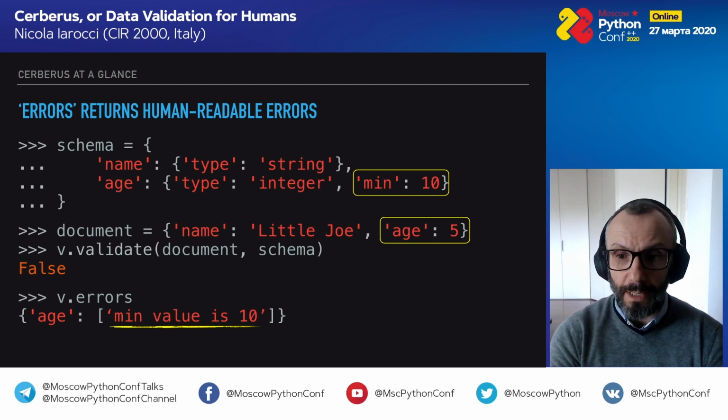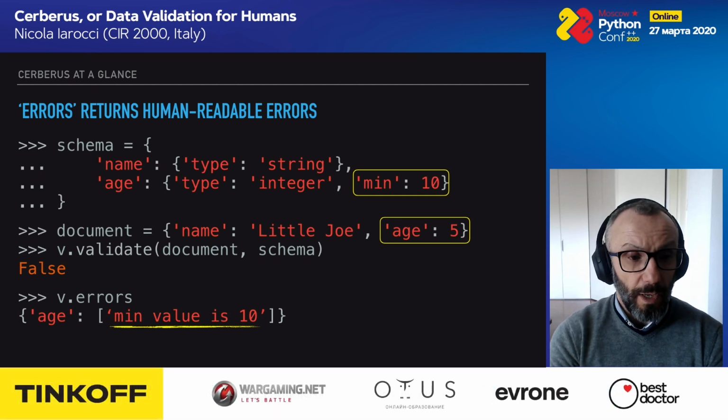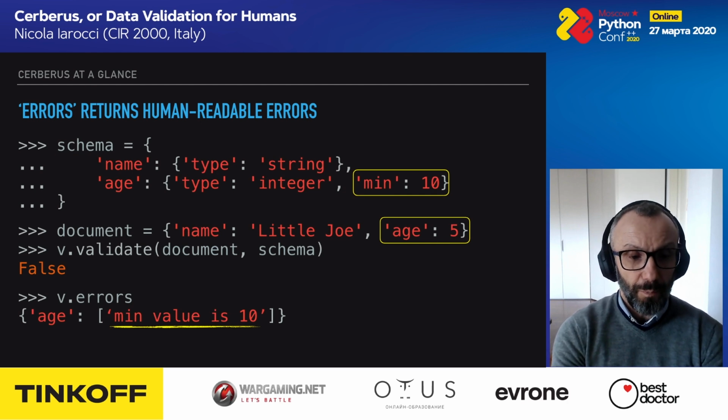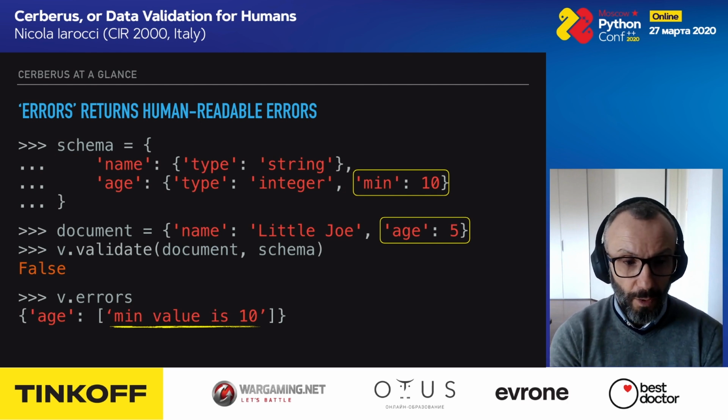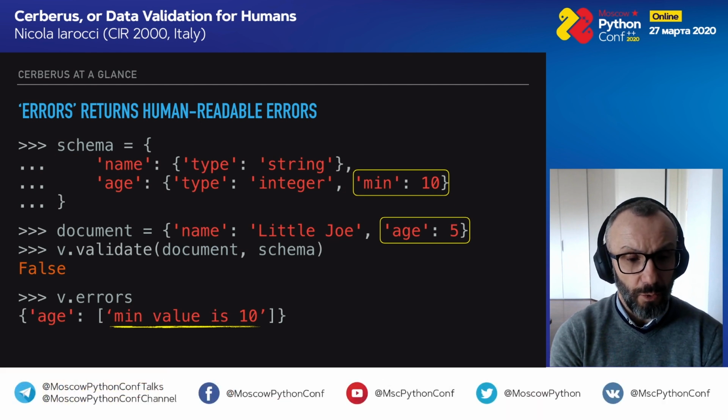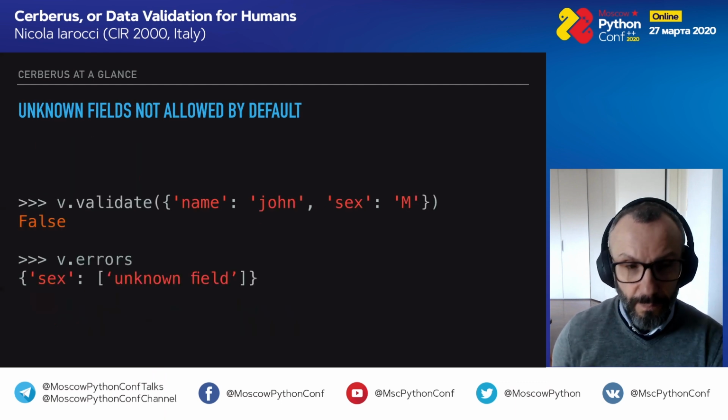So the document we are passing is not valid because age is lower than that, and we get a false when we validate, but we can investigate the errors property to know what the problem is with the document. As you can see, the errors are in a list, so there may be more than one error per field.